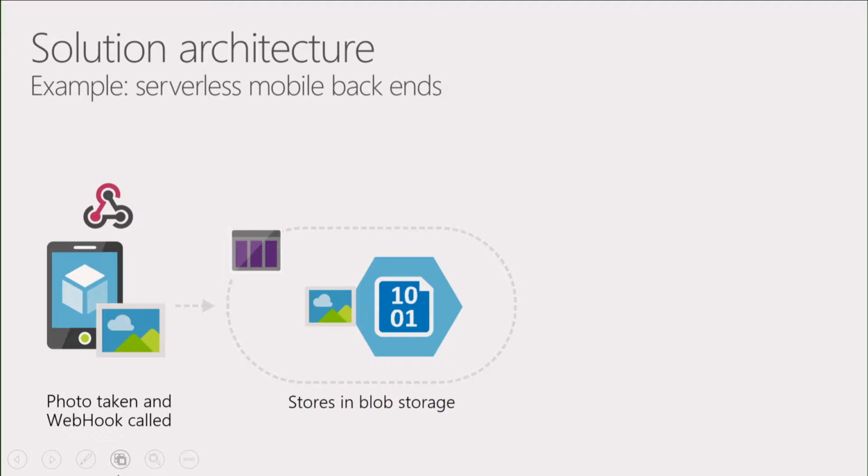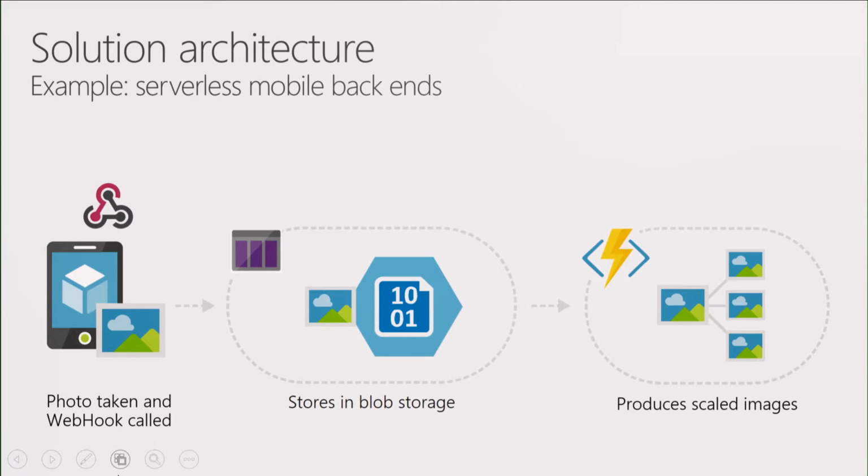The example I'll show here right now is a mobile backend where I've got an application that I've developed, and maybe I take a picture with my mobile phone, and once I take that picture it goes into blob storage. At that moment, I've created an event. When I create an event, I may want to create an Azure function. An Azure function could run a specific task that I defined for my application.